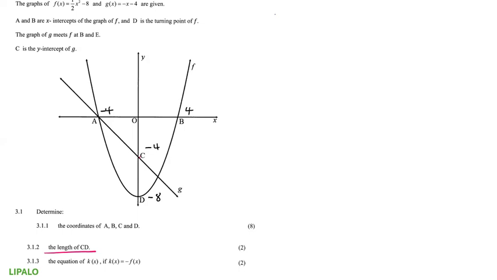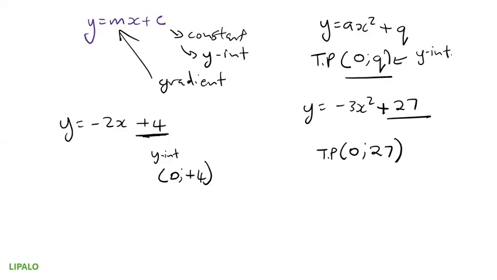Now, CD is a vertical distance. So for vertical distance, I need to know my dimensions. The distance will be equal to the y value at the top minus the y value at the bottom, right?